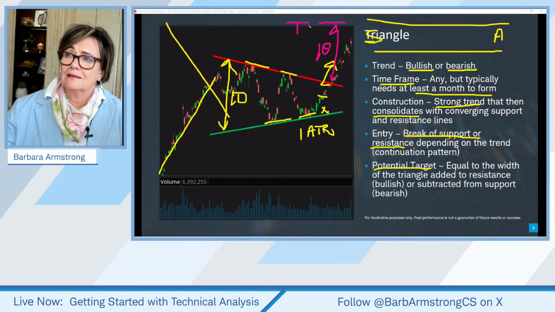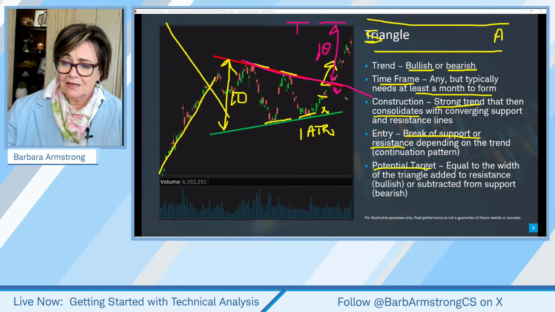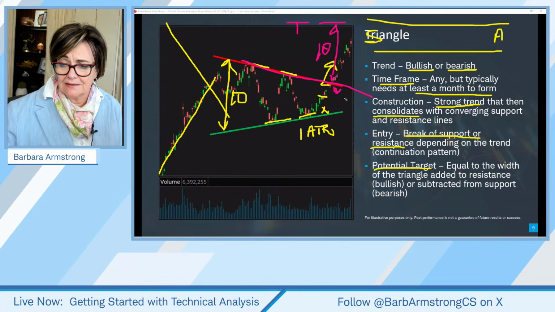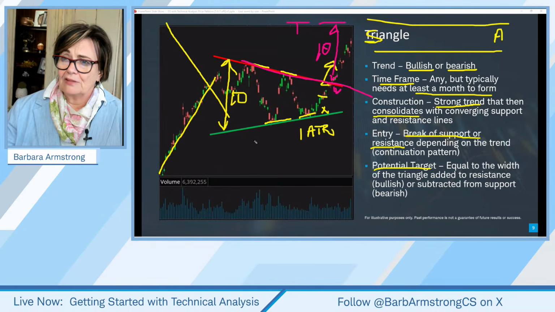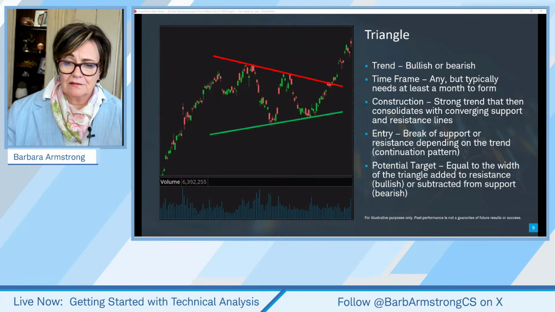And then where might we put an exit? We might say we're expecting this level here to hold, so if it goes below that level by 2 or 3%, we're going to consider that an exit. Okay. So that's our first pattern.